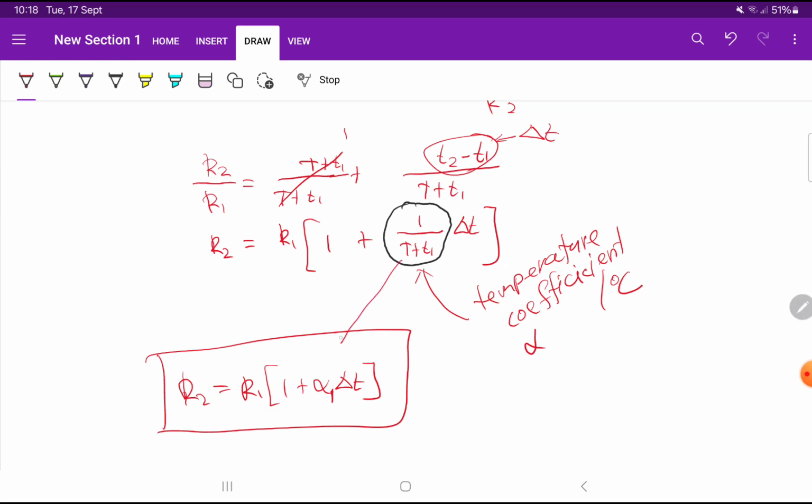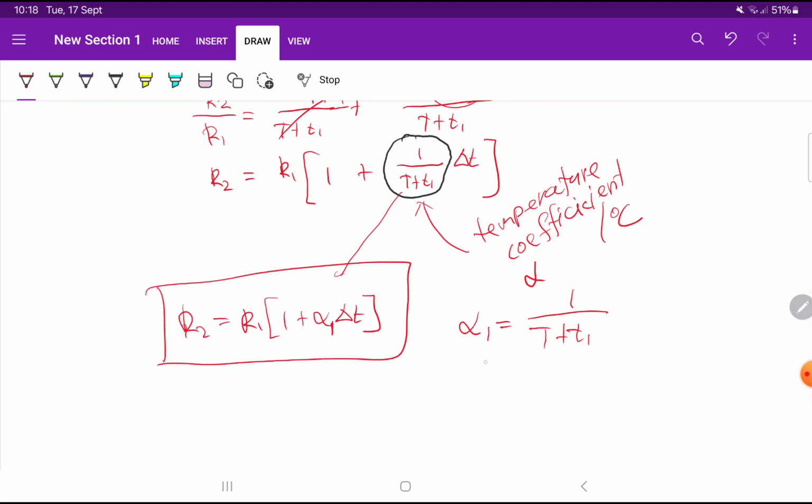Because we derived it from 1 over T plus T1, alpha 1 is equal to 1 over T plus T1. And if the temperature changes, our alpha also changes, because T1 will also change. So in general, alpha n is equal to 1 over T plus Tn.